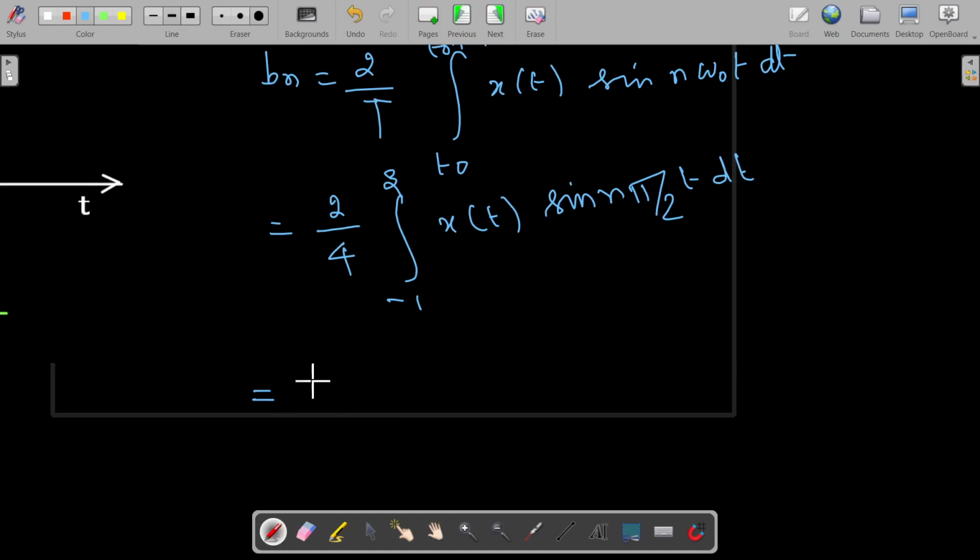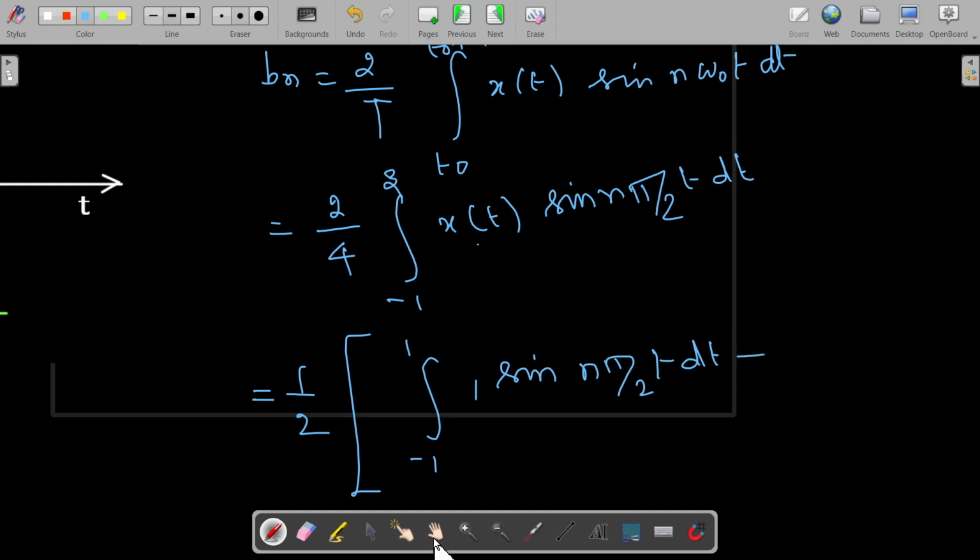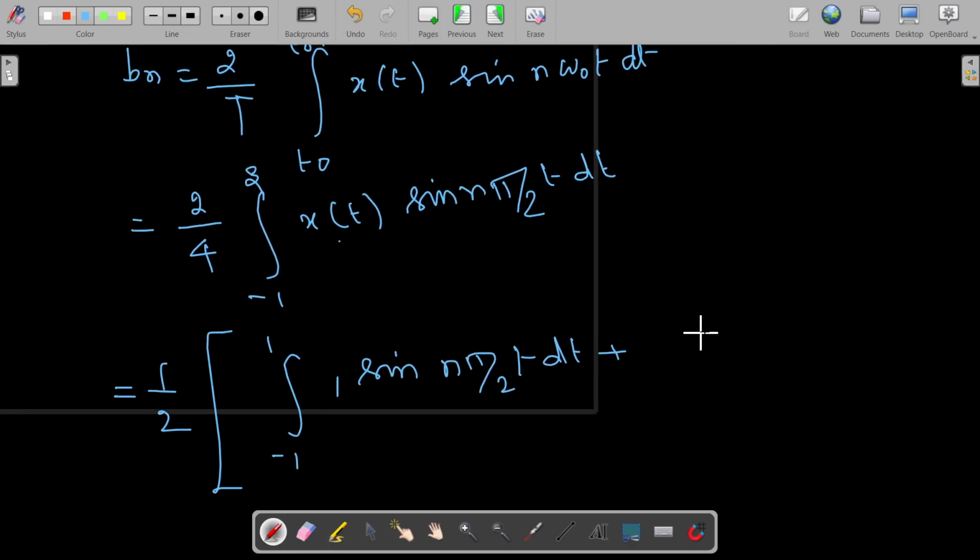So here you will be getting this as 1 by 2, and this integration can be divided into two things, like minus 1 to 2, where you have this one value for this x of t. 1 into sine n pi by 2 t into dt, then plus it is 2 to 3. This x of t value is there, it is minus 1 into sine n pi by 2 t dt.